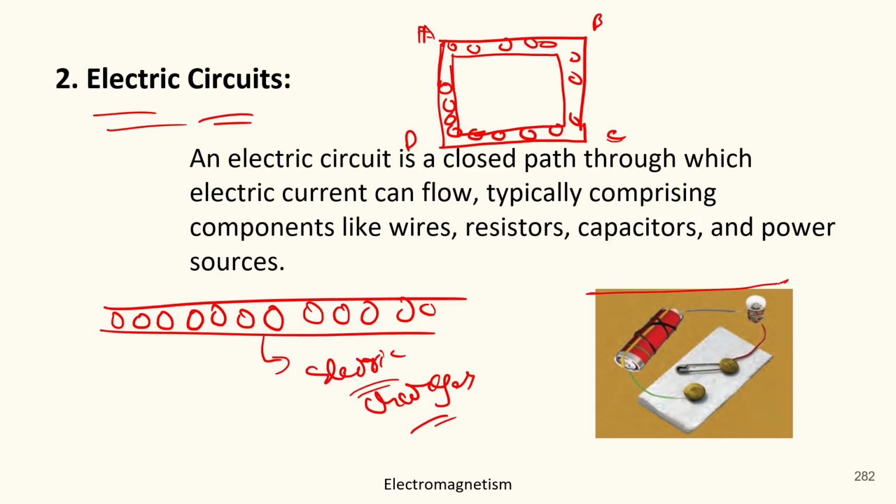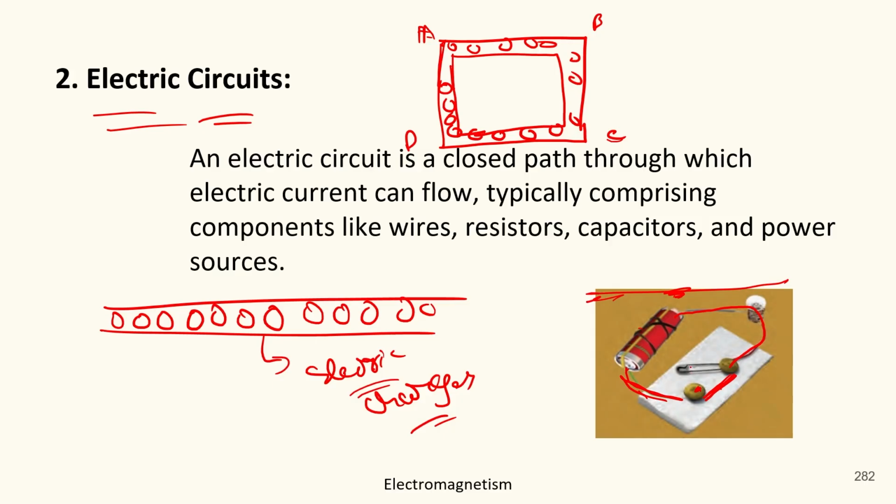Okay, let's take an example of this photo. If you can see in this photo, the system is not closed, because the current will flow from this, come to this, and here there is no path to reach this point.